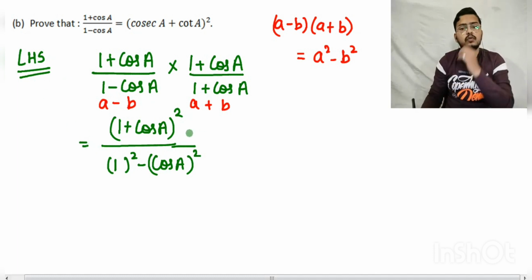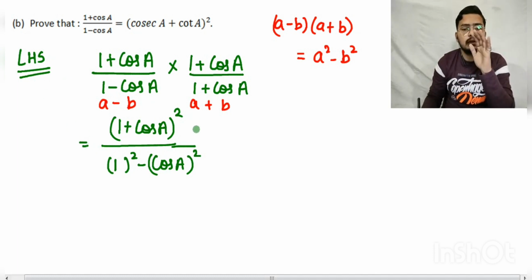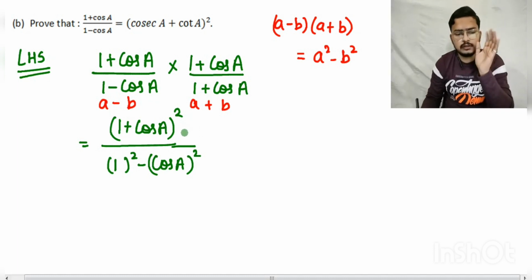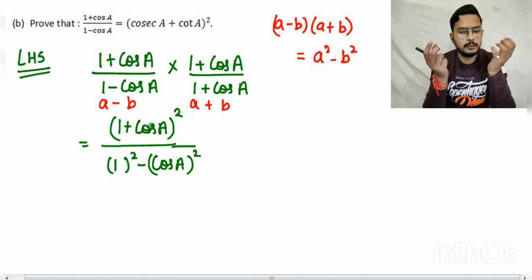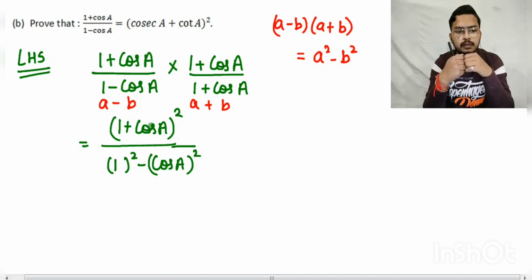Clear? So now what we have to do, some students made a mistake here. That is also correct, but that question will become lengthy when they solve the particular whole square. If they open the whole square by applying the formula, then that question will become lengthy, right?